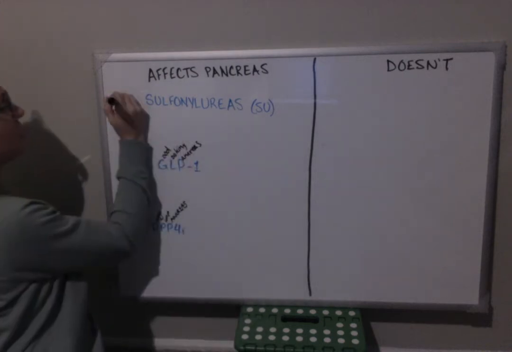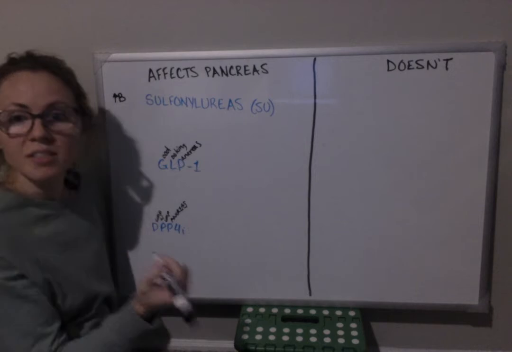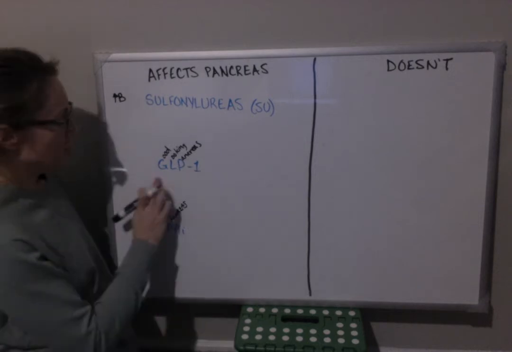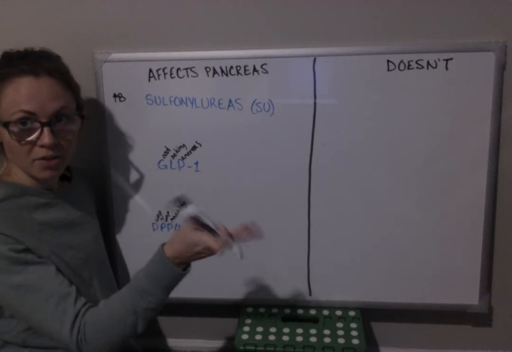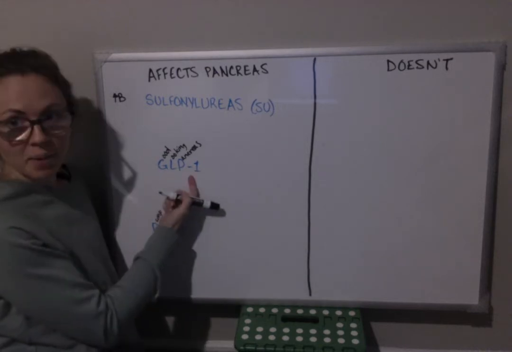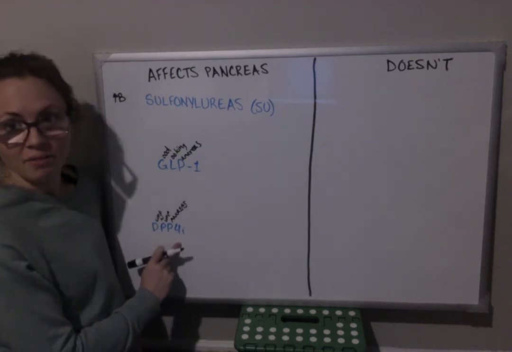So this one, it just increases beta activity. Both of these work in very similar ways. This one is literally just giving you the protein that stimulates the pancreas, and that's this glucagon-like peptide. This one prevents the breakdown of that protein.